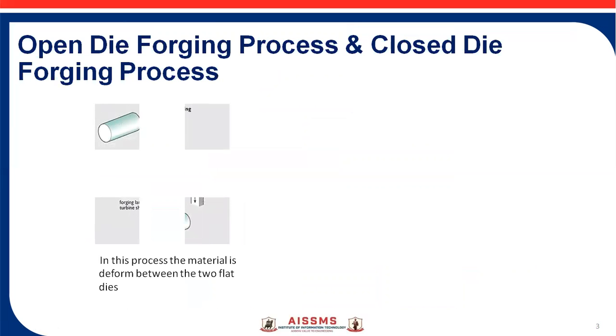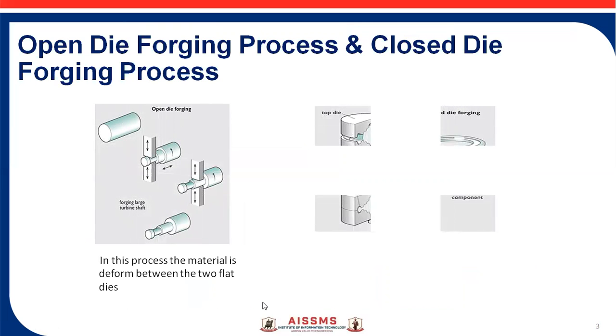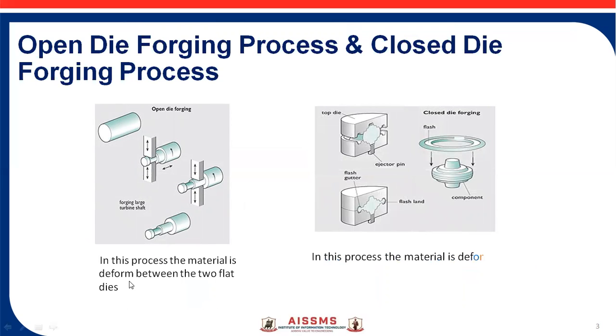In open die forging and closed die forging, if you see, in open die forging the material is deformed between two flat surfaces. This is also called a hammer. Whenever I apply force from both sides, both dies are flat plates, giving the required shape to the material.